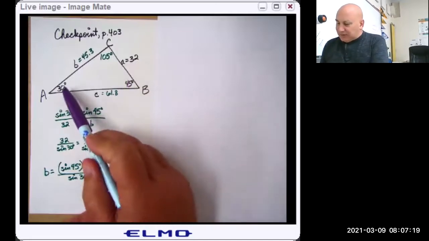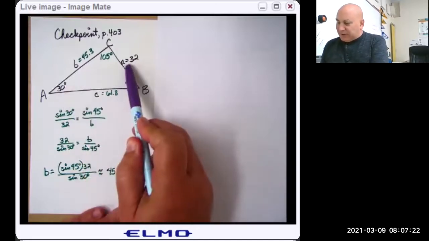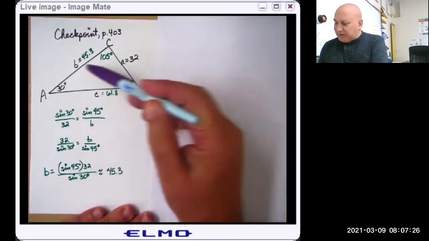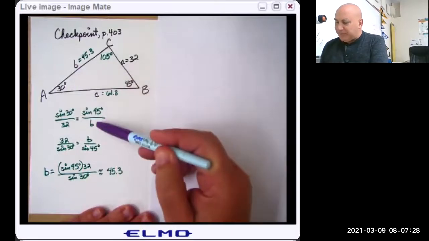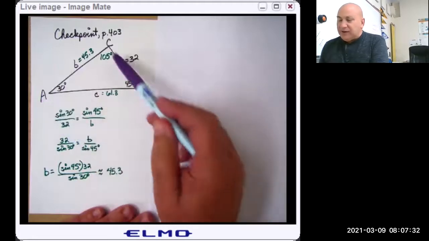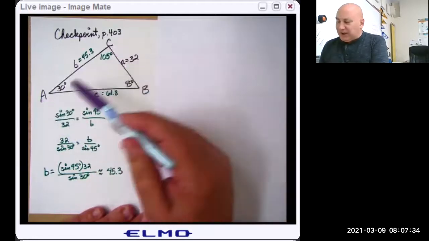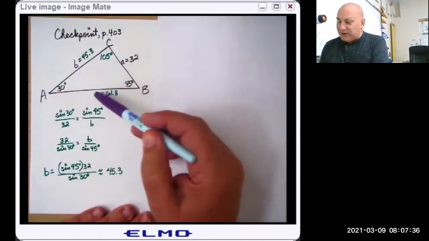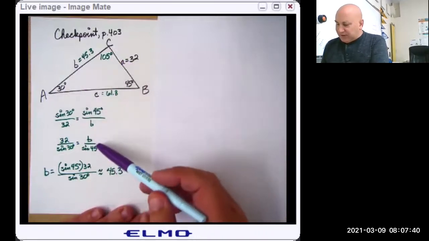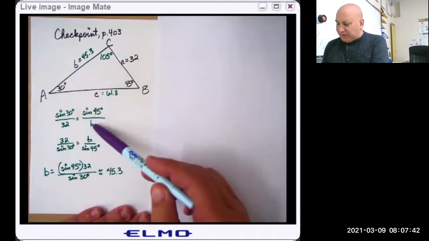So I can go sine of 30 degrees divided by 32 is equal to the sine of 45 degrees divided by little b. Notice when we label the triangle, the big letters are the angles, and the sides opposite them are the lowercase letters. So I can solve this equation for b.